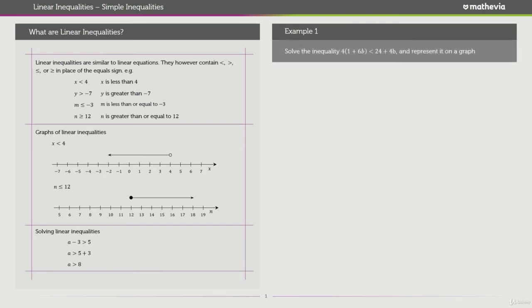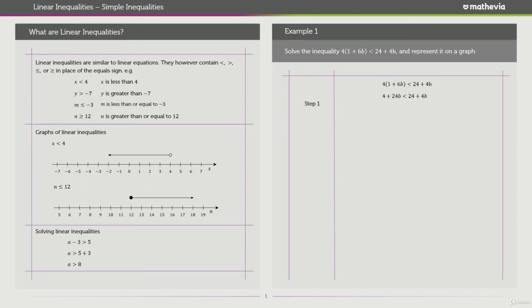Example 1 says solve the inequality 4 multiplying a plus 6b less than 24 plus 4b and represent it on a graph. So we have this linear inequality, and like I said, similar to solving a linear equation. The first thing we want to do is expand what we have in the bracket.